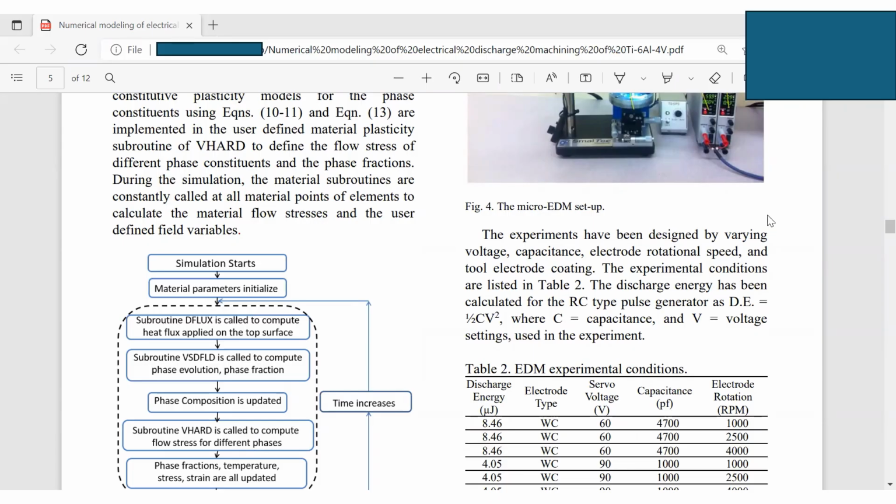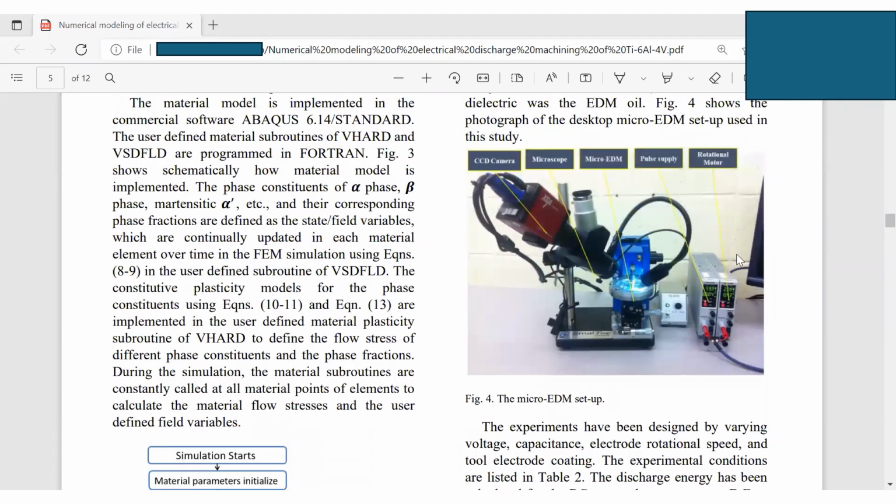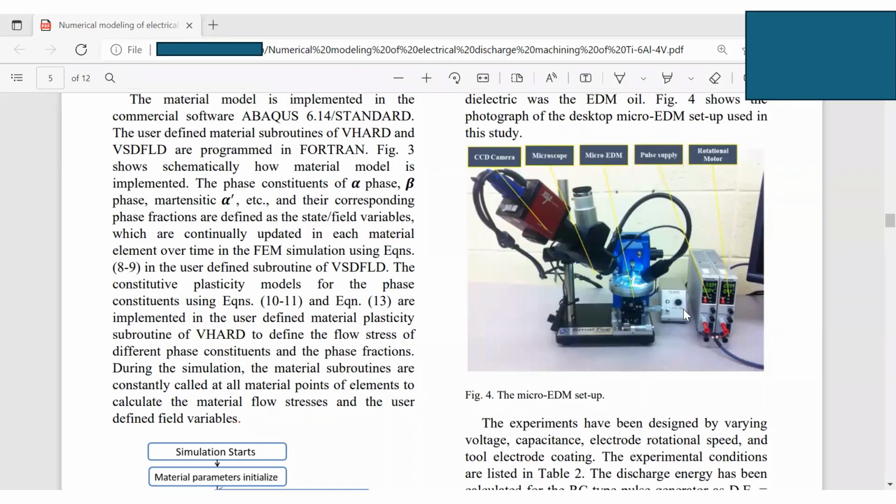This is very important to ensure a fair comparison. Here I'm going to show you. This is a CCD camera, this is a microscope, and this is the micro EDM. This supplies the pulse, and this is a rotational motor, for the rotation of the electrode.